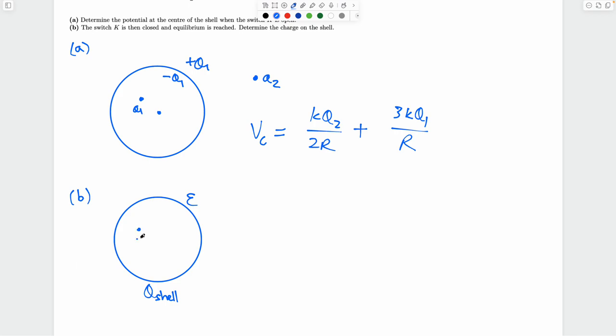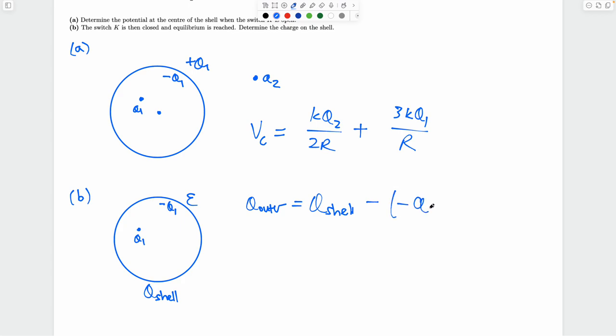This time when you put Q1 inside, there will again be negative Q1 on the inner surface. So there'll be an outer surface charge, which equals the Q of the shell minus Q1, right?